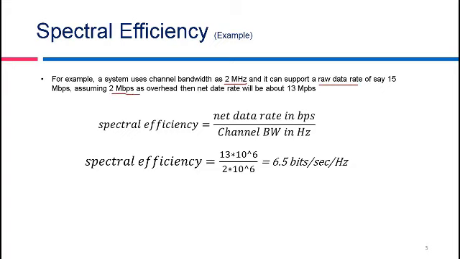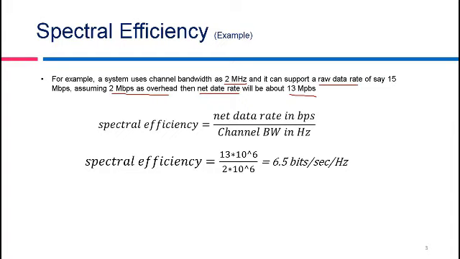Assuming 2 Mbps as overhead, the net data rate can be calculated as about 13 Mbps. This net data rate is calculated by deducting the 2 Mbps overhead from the raw data rate of 15 Mbps.